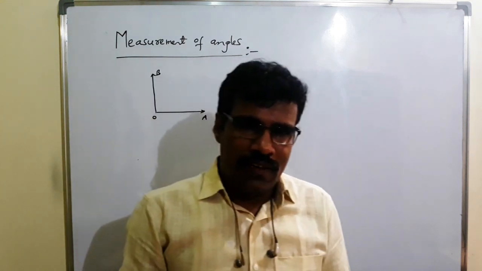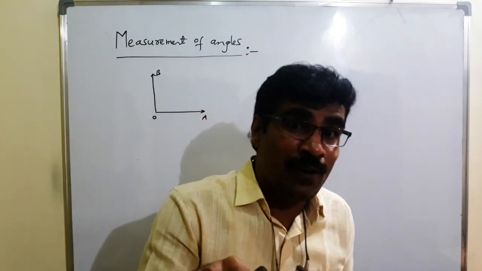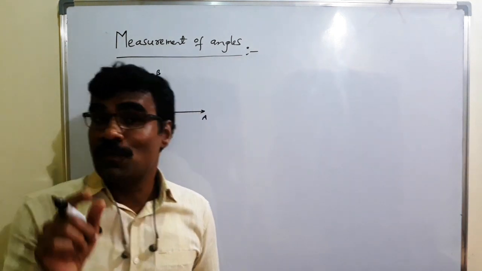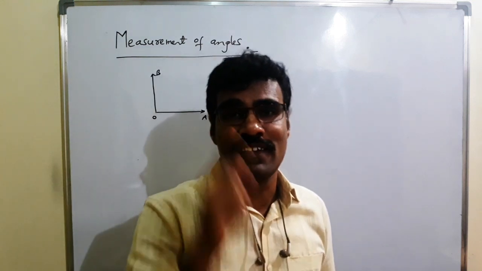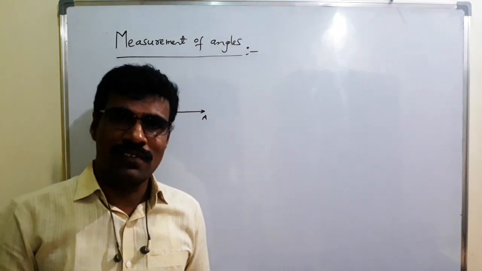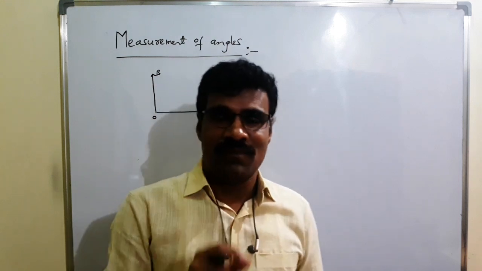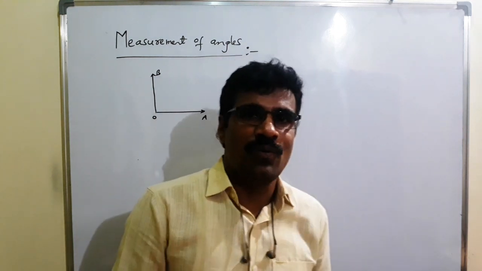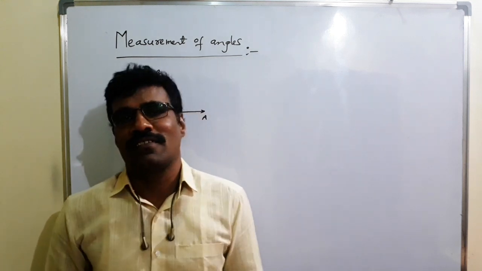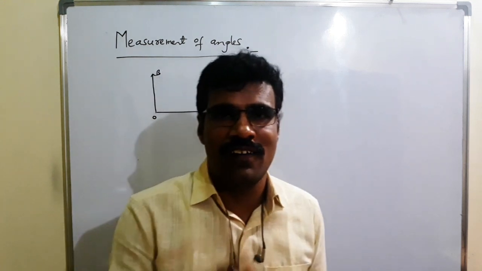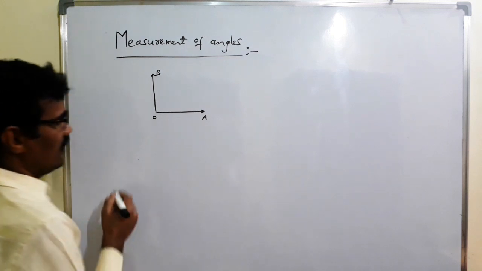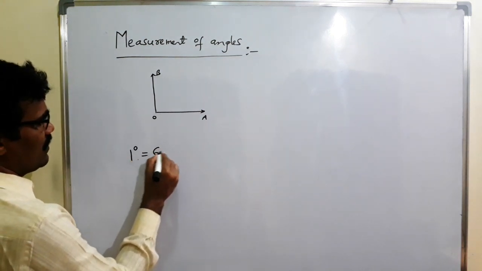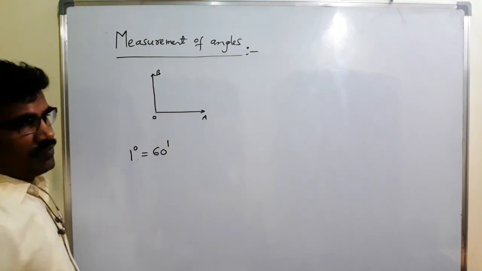Each degree is then divided into 60 equal parts. Each part is called 1 minute. Students, each minute is then further divided into 60 equal parts. Each part is called 1 second. Listen, 1 degree is equal to 60 minutes.